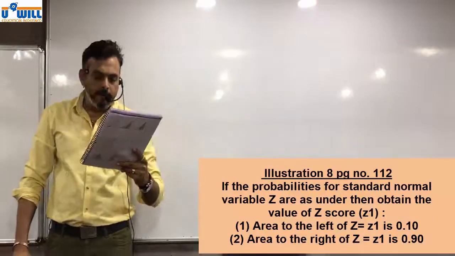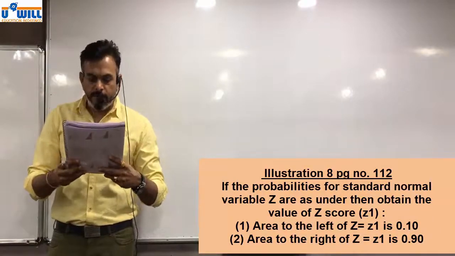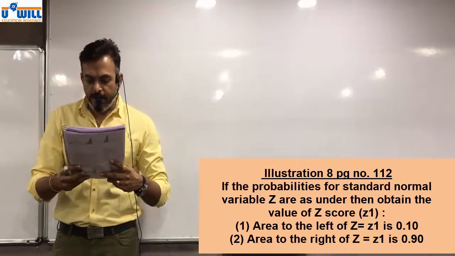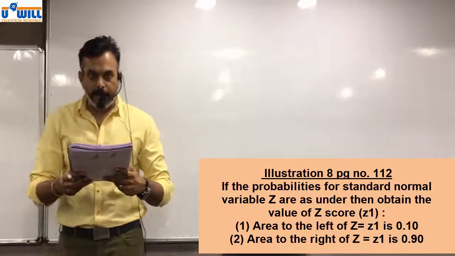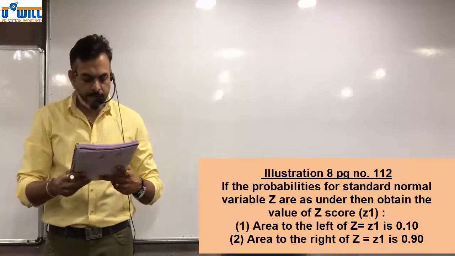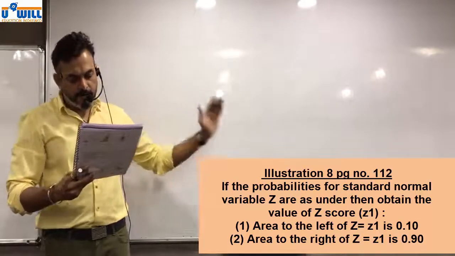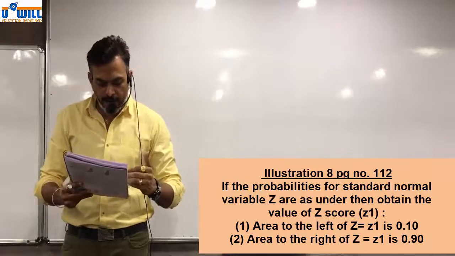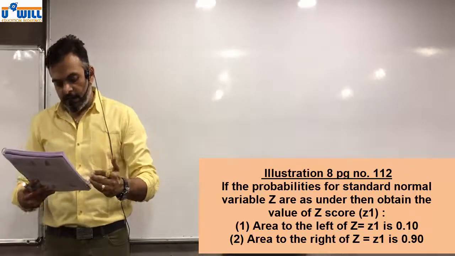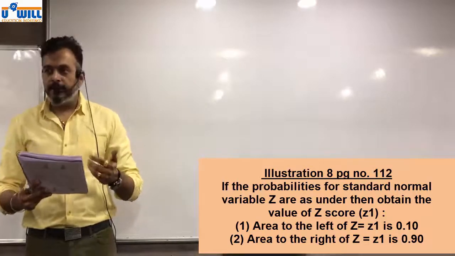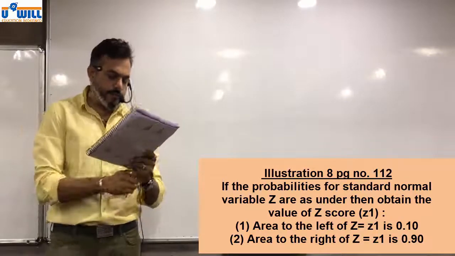Illustration 8. If the probabilities for standard normal variable z are as under, then obtain the value of z score Z1. Area to the left of z1 is 0.1 and area to the right of z1 is 0.9. Let's find out.